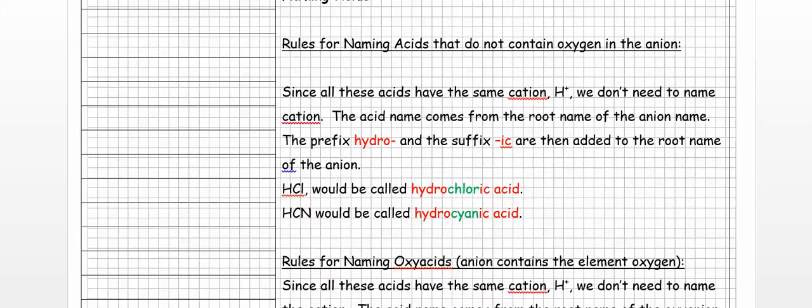We call it hydrochlor because of the chlorine, ic acid. Hydrochloric acid for HCl. HCN would be called hydro because there's no oxygen. Hydrocyanic, okay, because CN is cyanide. Hydrocyanic, and then acid at the end, just like that.